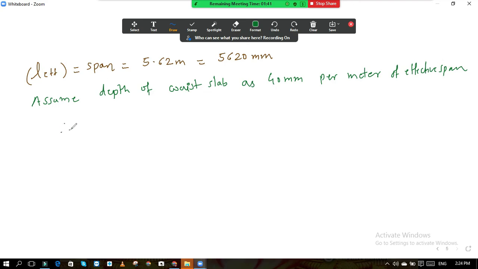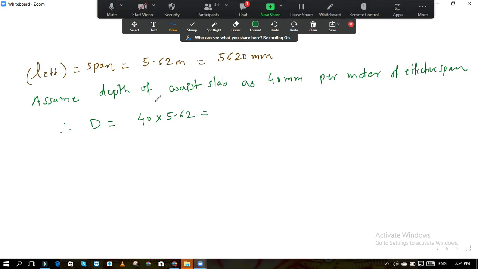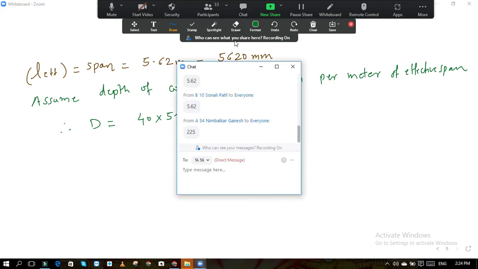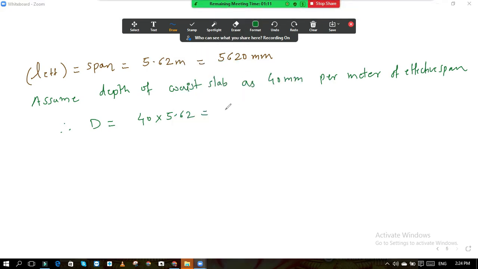So the depth D is 40 that we have assumed into 5.62. What is the answer? 225. Okay, it is 225 mm.